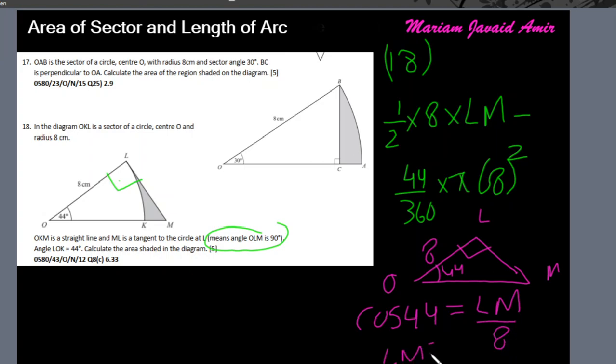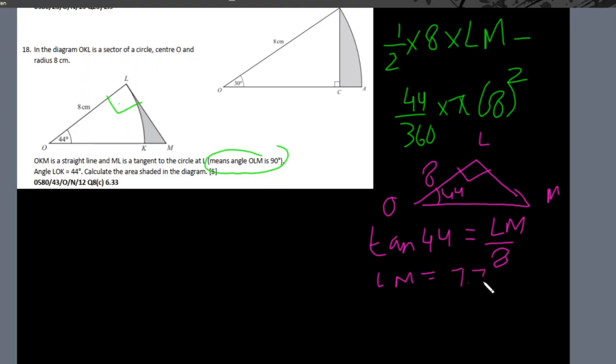So LM will be, no, we are using tan theta because tan theta uses perpendicular and base. So tan 44 equals LM over 8. So LM equals 8 times tan 44, 7.725. So LM is 7.72.